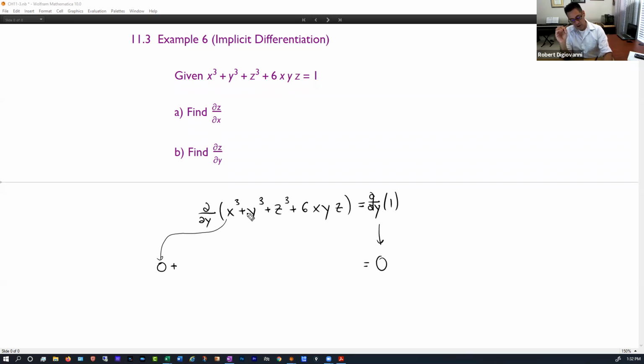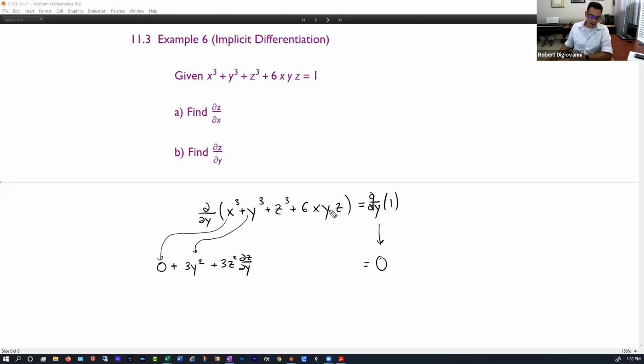And now this one is not 0. This one is 3y squared, times the derivative of y with respect to y, which is 1. So it's just 3y squared. And then we have plus 3z squared times partial z with respect to y this time. Here we have to use the chain rule, take the power down, and then take the derivative of z with respect to y, which is this.